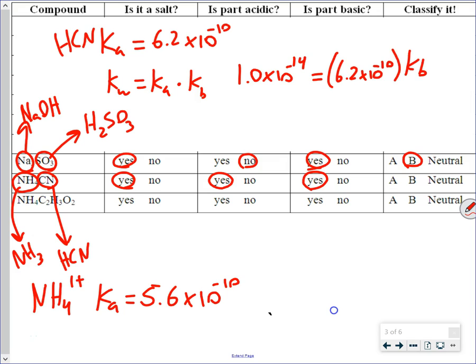And Kb is what we're solving for cyanide. So we rearrange that, we do a little bit of algebra, we get Kb equal to, and I'm going to plug it in. So I take 1.0 times 10 to the negative 14th divided by 6.2 times 10 to the negative 10th, and I get 1.6 times 10 to the negative 5th.